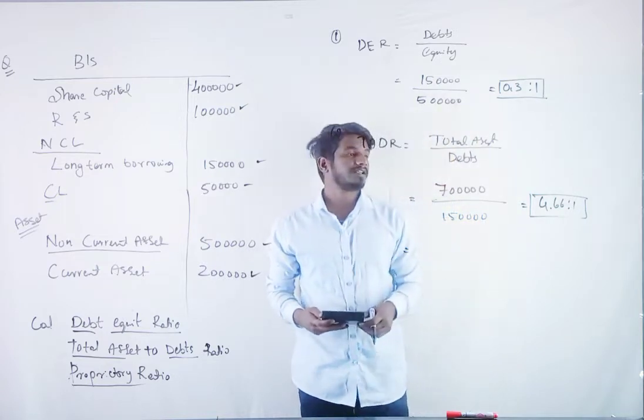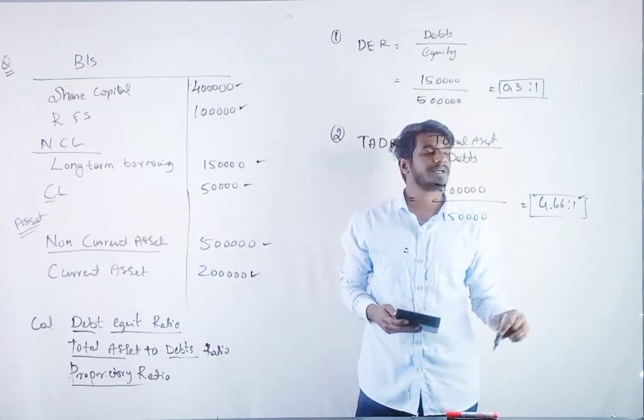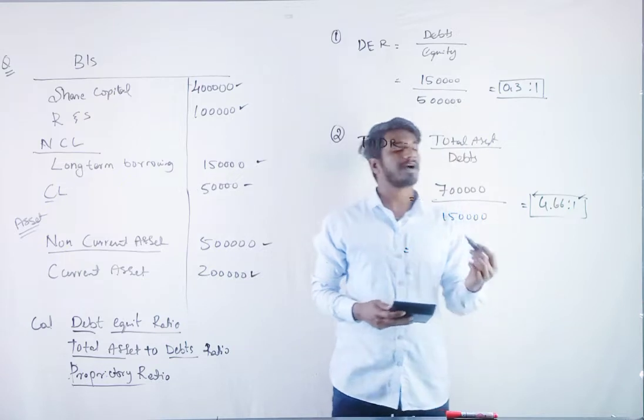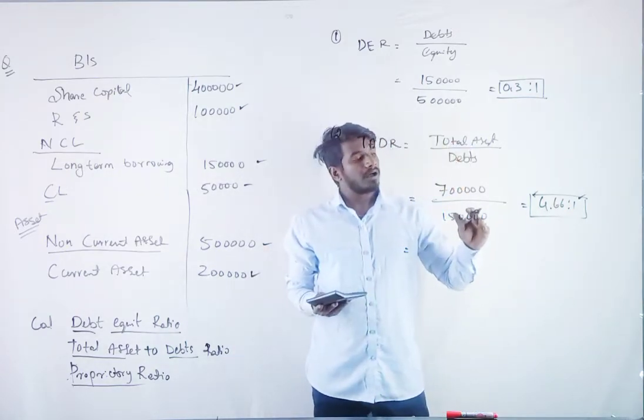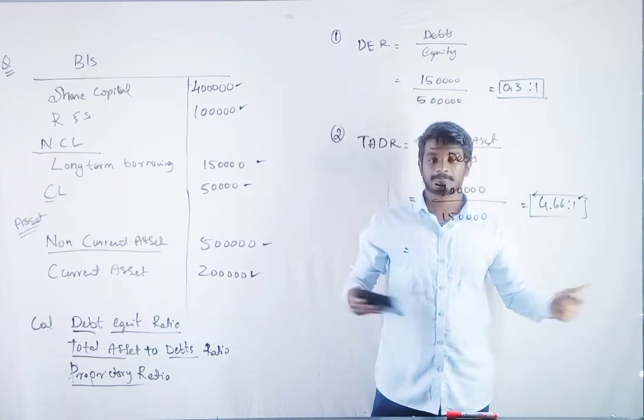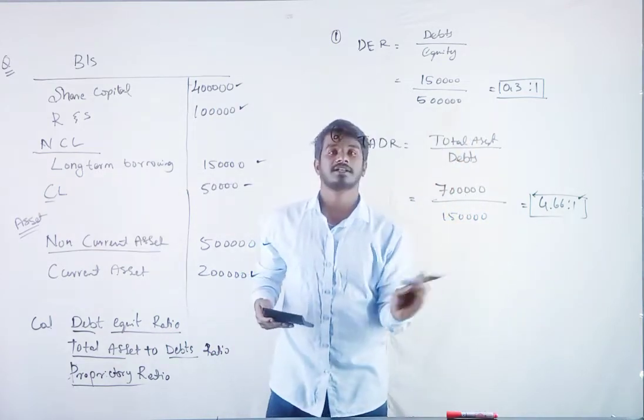If you have 1 rupee liability, you have 4.66 rupees to pay that liability.